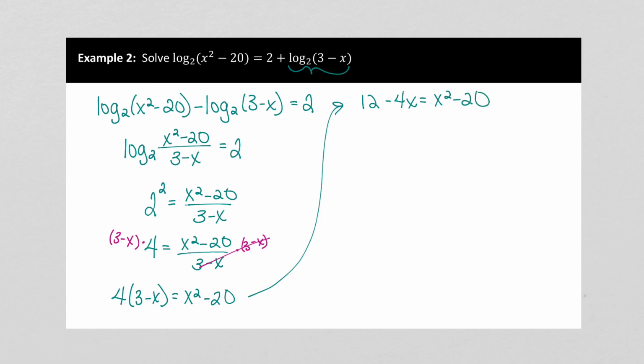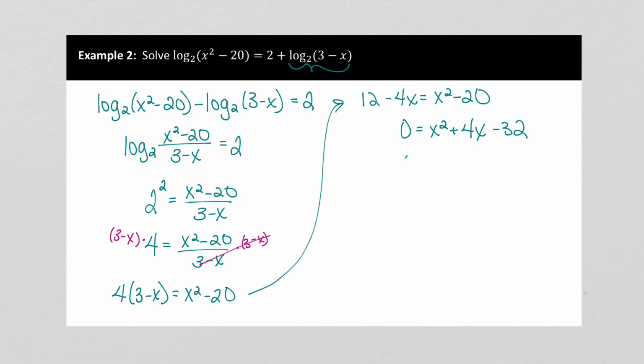And we need everything on one side set equal to 0. So let's see. Add 4x to both sides, and subtract 12. Negative 20 minus 12 is negative 32. And at this point, we can factor.